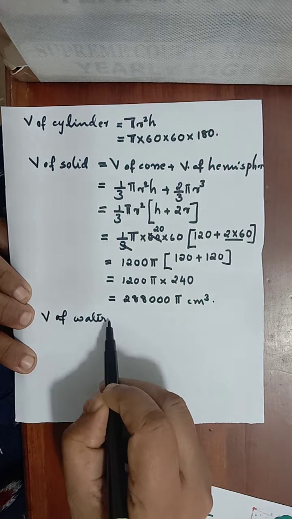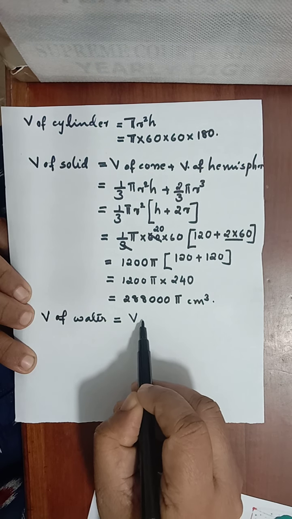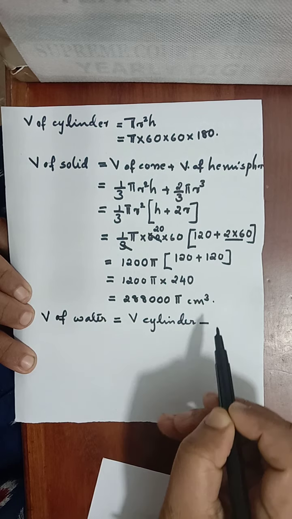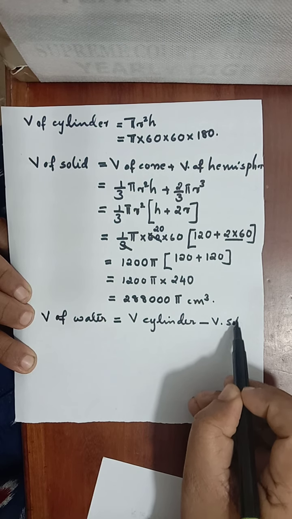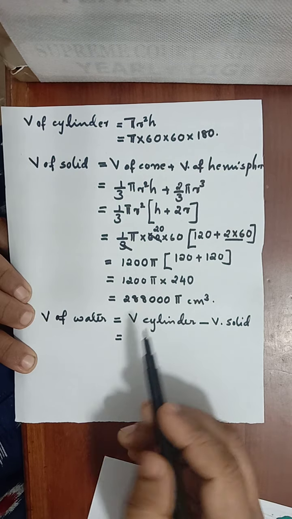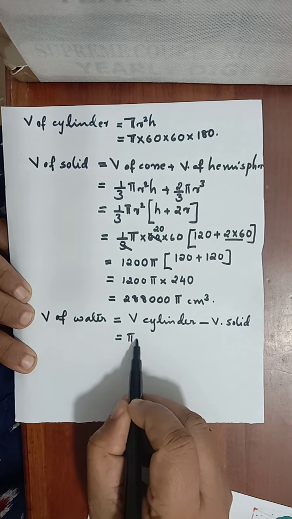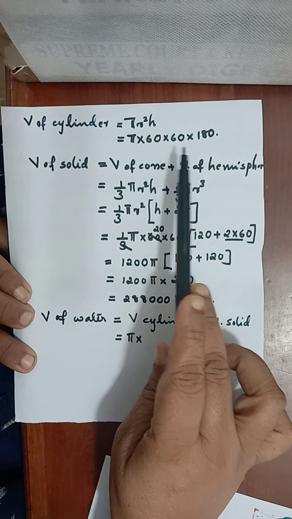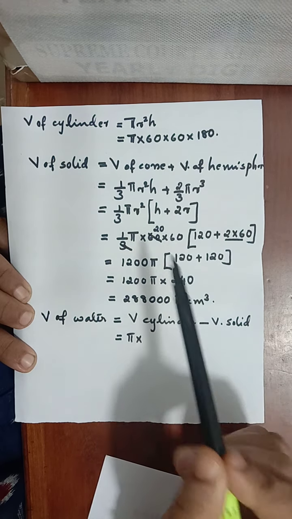Volume of water left is equal to volume of cylinder minus volume of solid. Volume of cylinder, we haven't multiplied pi r square h, that is pi into 60 into 60 into 180. That you have to multiply.